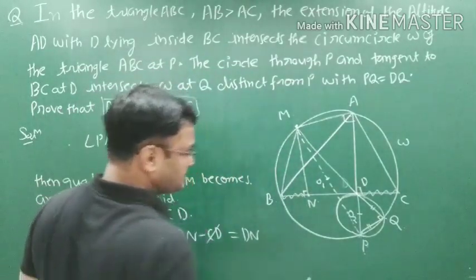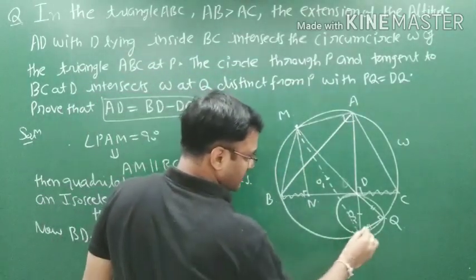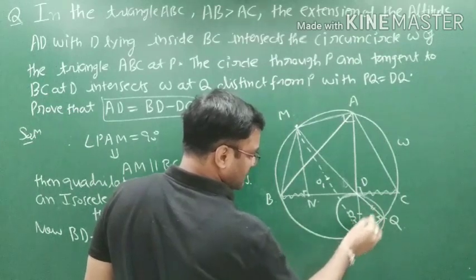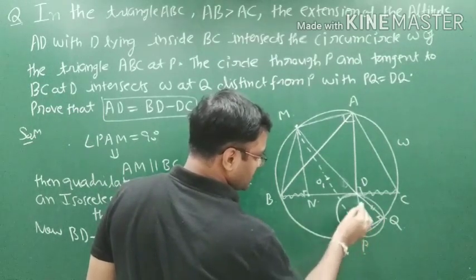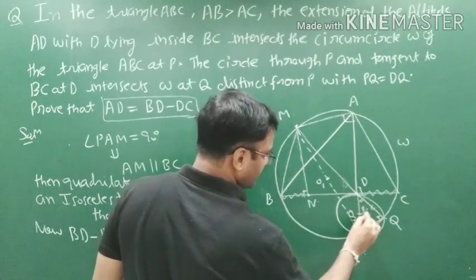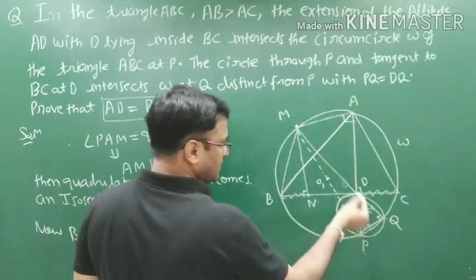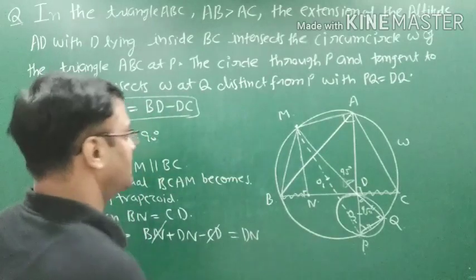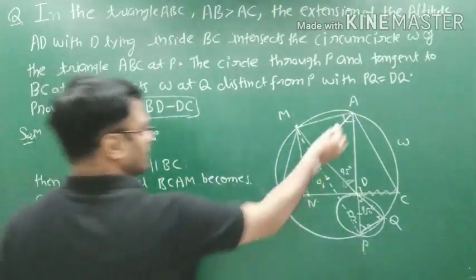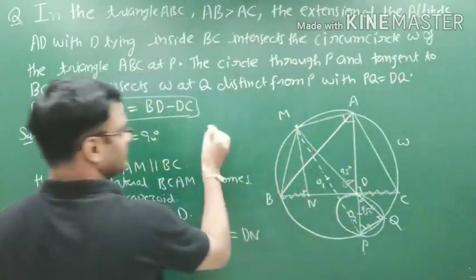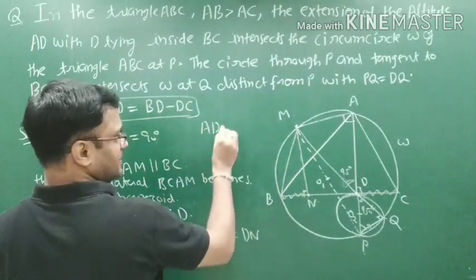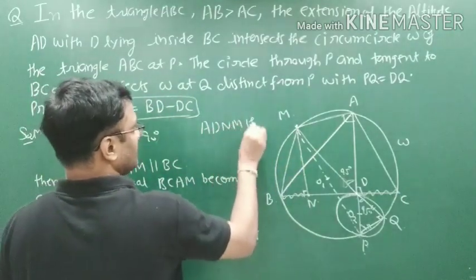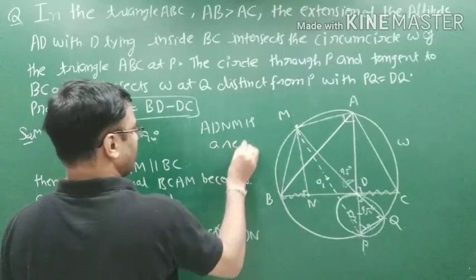Also, this angle is 90 degrees and these two side lengths are equal. It means that these two interior angles are both 45 degrees. And if this angle is 45, then vertically opposite angles are equal, so this angle is also 45. Here the quadrilateral ADNM looks like a rectangle.